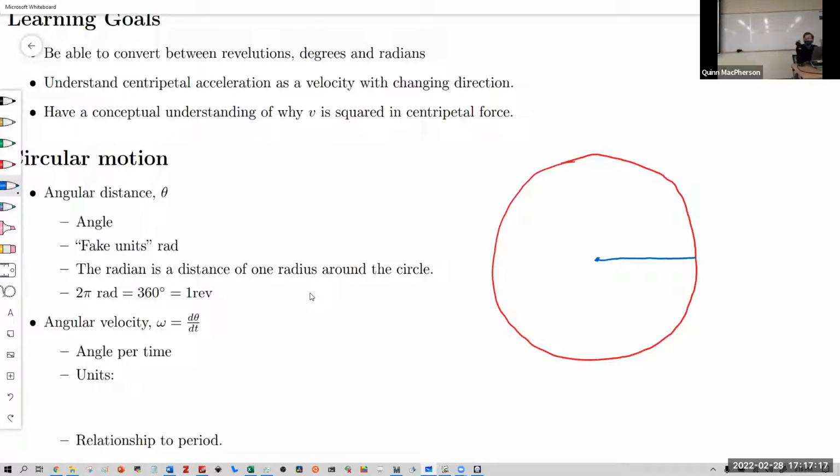Then we take that piece of string and we wrap it around the outside of our circle. And it'll make it to about there, right? That's how long the string will be, because we cut it so it's the radius of the circle long. You take that angle, that is 1 radian.